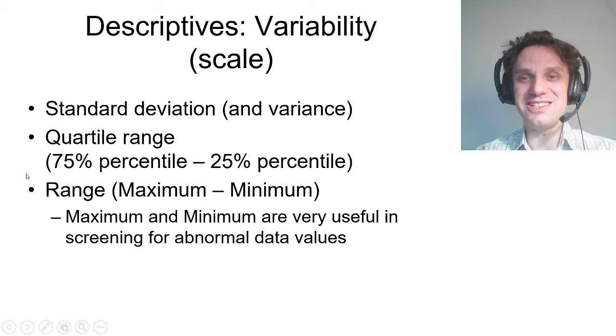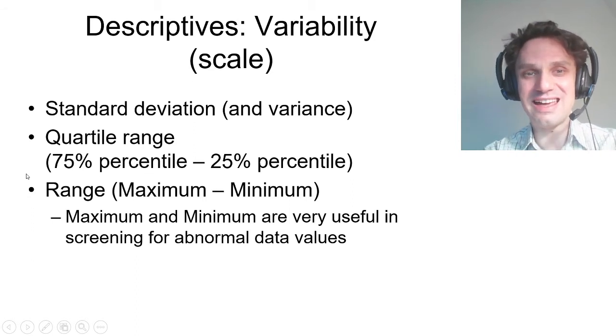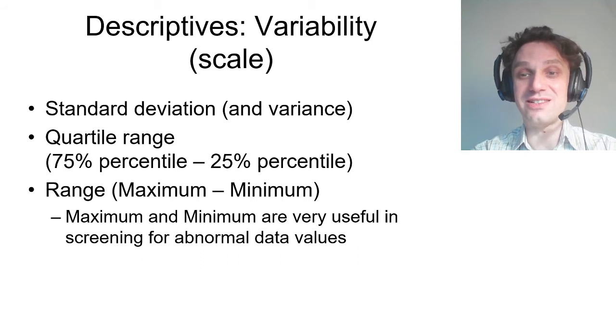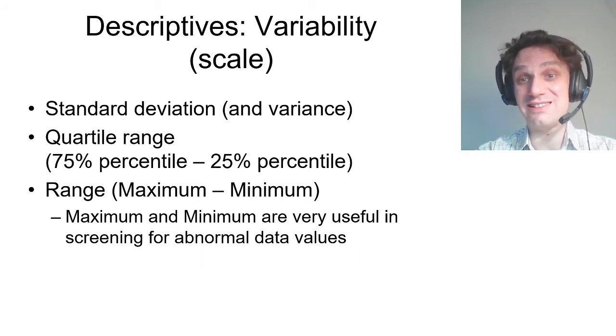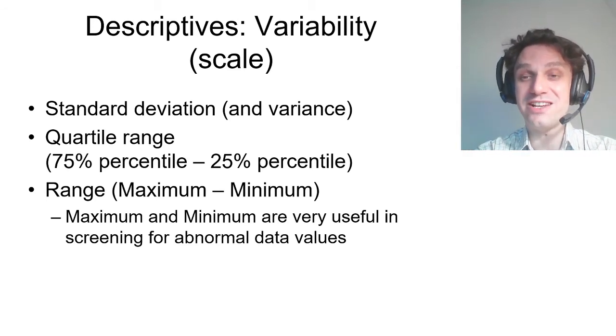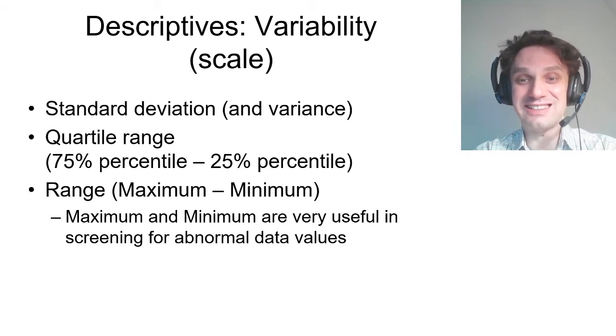Another bunch of descriptive statistics that we can apply are the statistics of variability. In R, this parameter of distribution is also called scale. These are statistics that describe how widely or how narrowly spread our observations are around the center of our distribution. And we discussed a little bit earlier standard deviation, which is the most common statistic in this group.